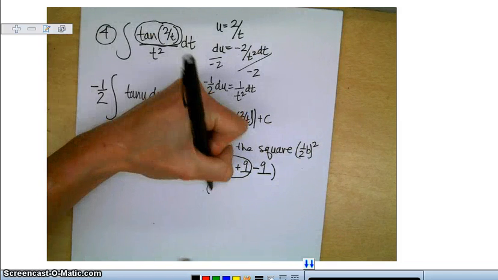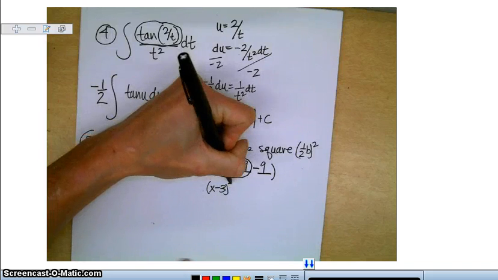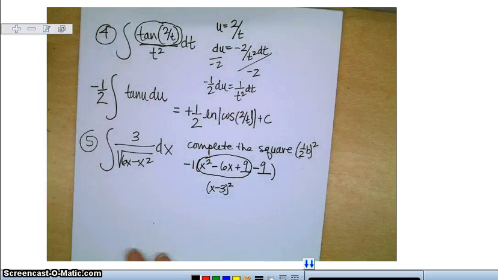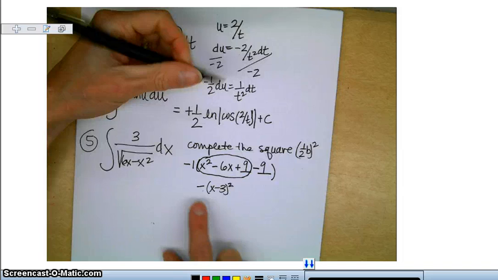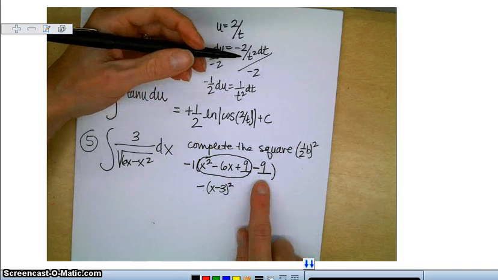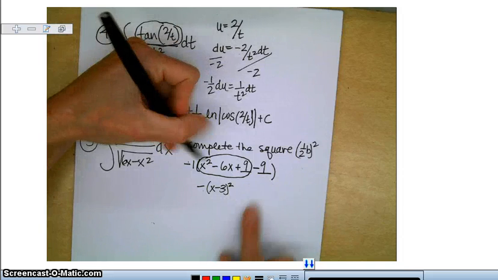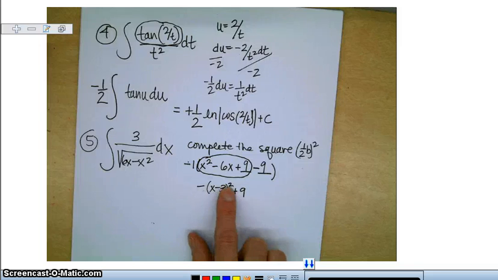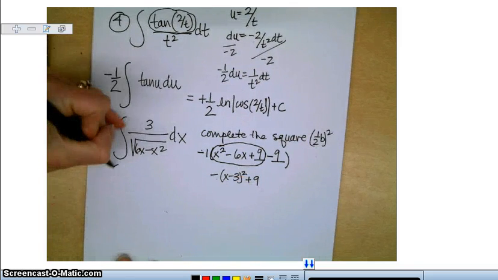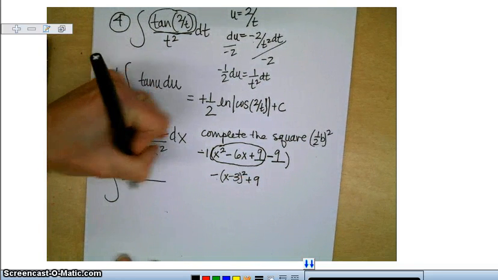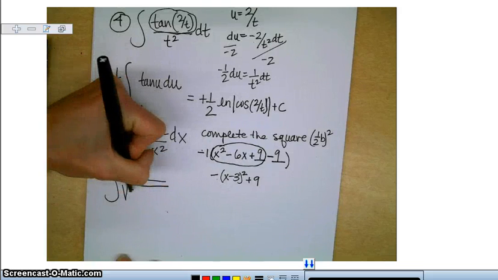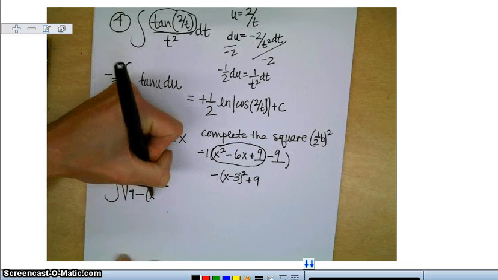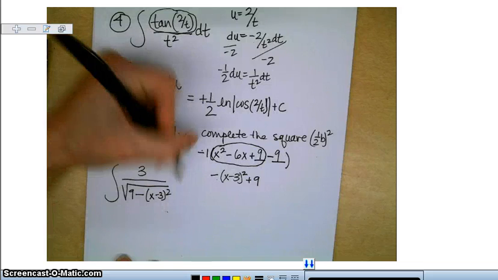So those factor as x minus 3 quantity squared. And they have a negative in front of it, and if I distribute that negative towards this extra negative 9, what does it change to? Positive 9. So the way I probably want to write this underneath here is the integral of 3 over the square root of 9 minus x minus 3 quantity squared.